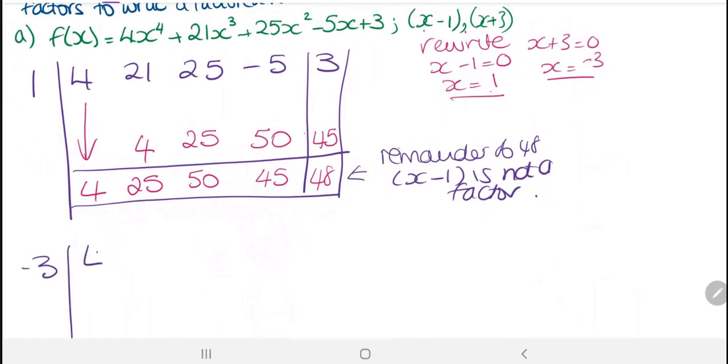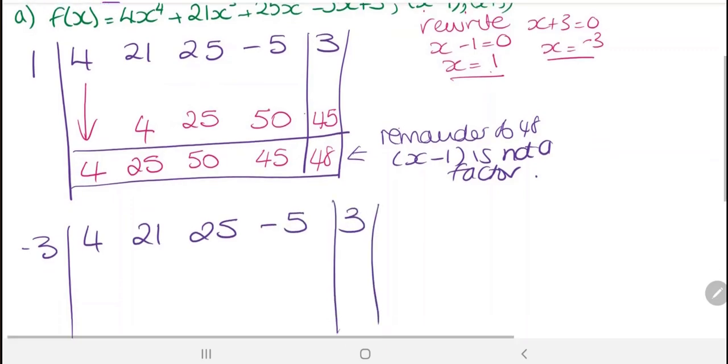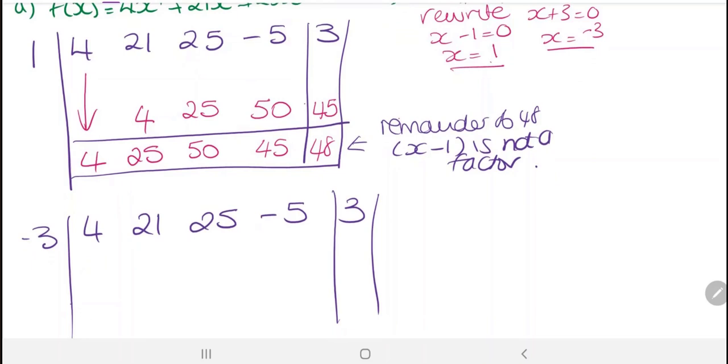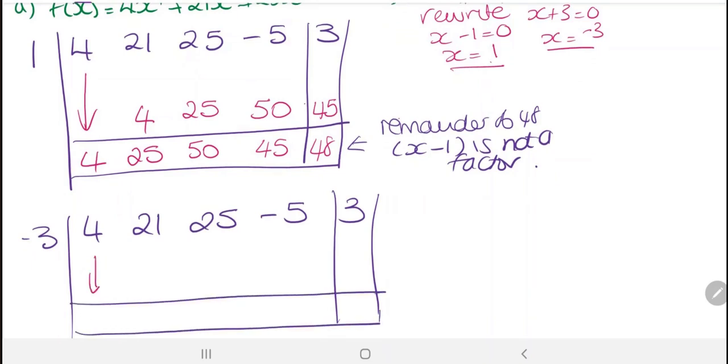So we write 4, 21, 25, minus 5, and 3. Bringing down the 4. 4 multiplied by minus 3 is minus 12. 21 minus 12 is 9. 9 multiplied by minus 3 is minus 27. 25 minus 27 is minus 2.